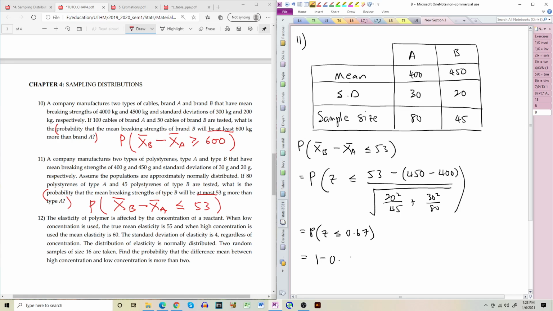If you try to do this, you will get the answer as 0.7486. That is the answer for 11.